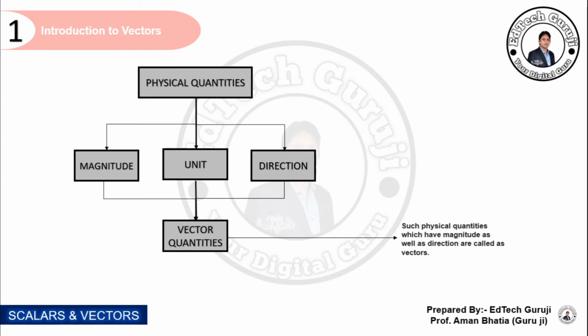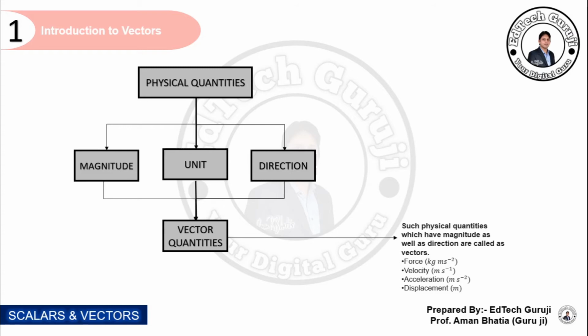So automatically we realize that there are certain physical quantities which are incomplete if we do not give their direction. The examples of vector quantities are force, velocity, acceleration, displacement, and many more quantities which we will study in physics are going to be in the category of vectors.